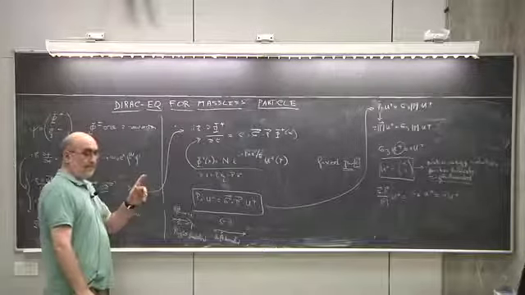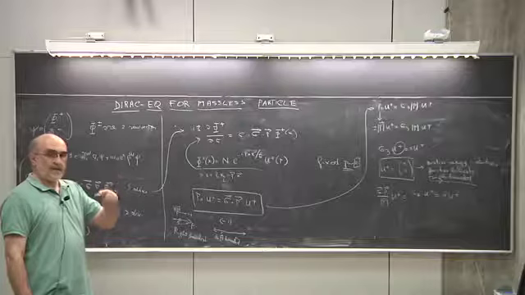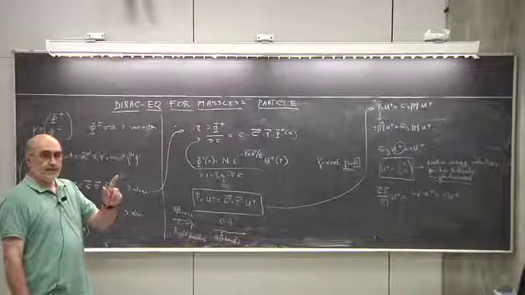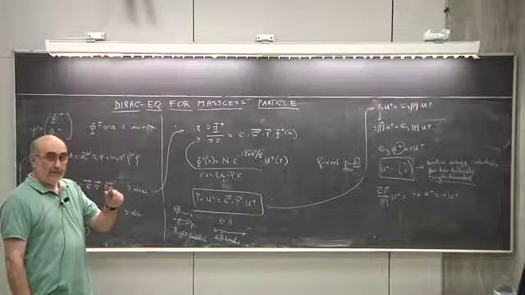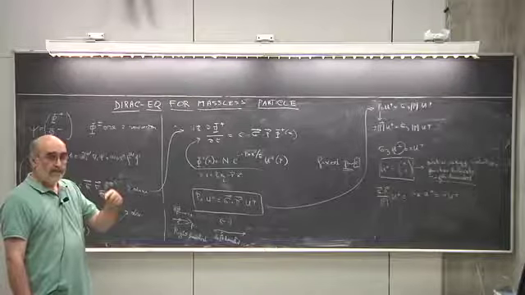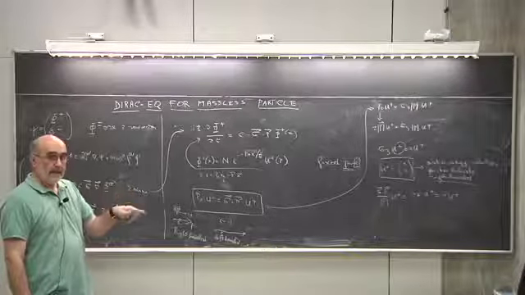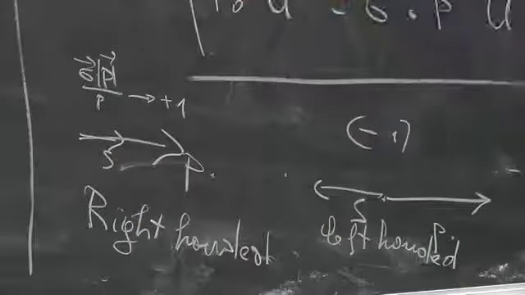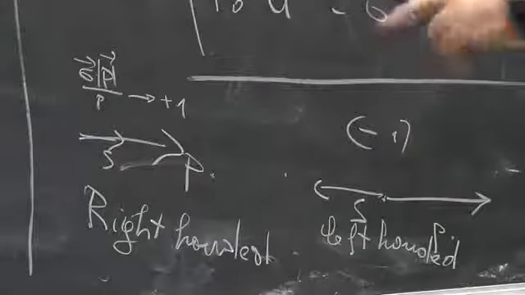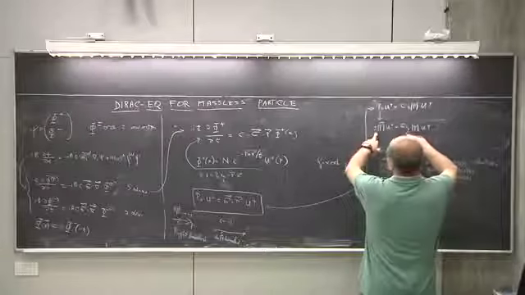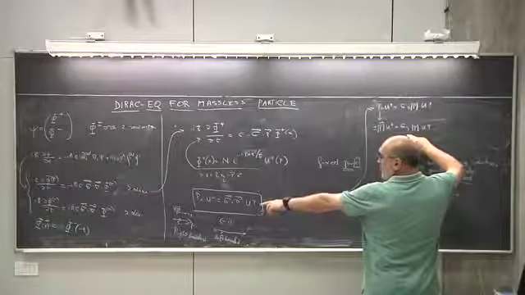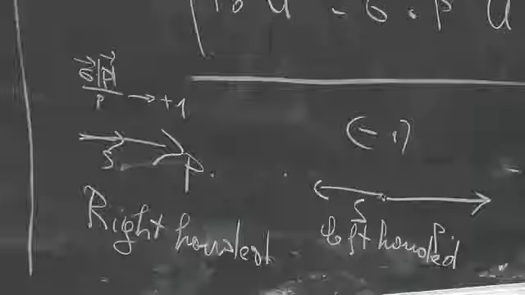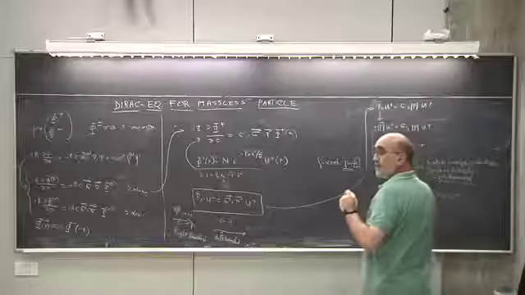Of course, there might be particles whose spin does not point in the direction of P. Okay? But for a massless particle, the spin always points in the direction of P or in the other direction. Why? Because this is the equation of motion of a massless particle, and when you apply the helicity operator, you get eigenvalue plus 1 or minus 1.